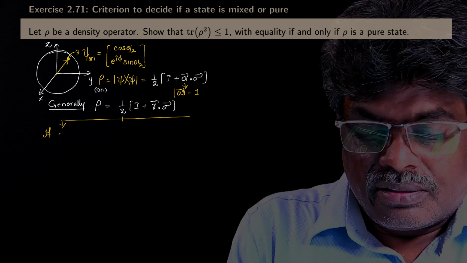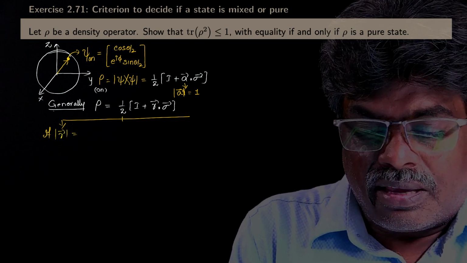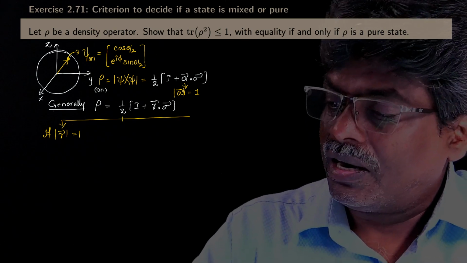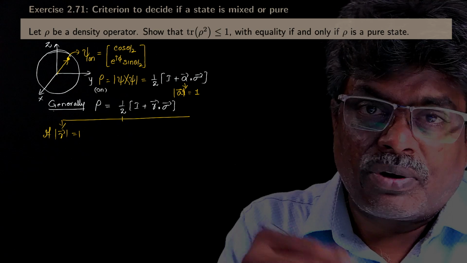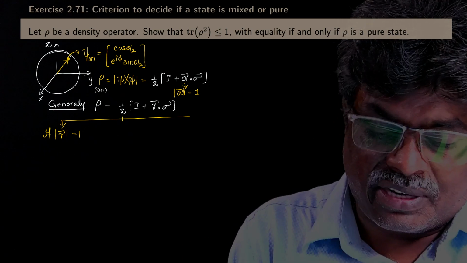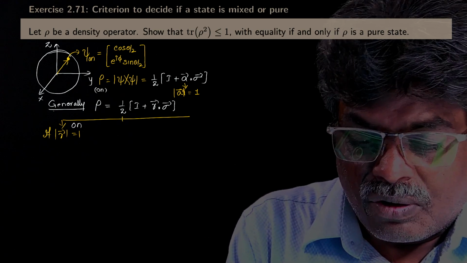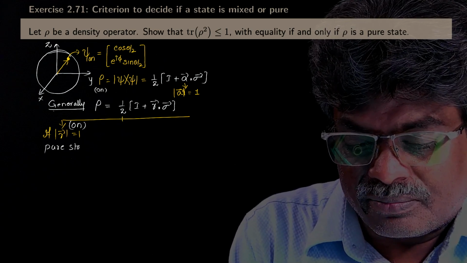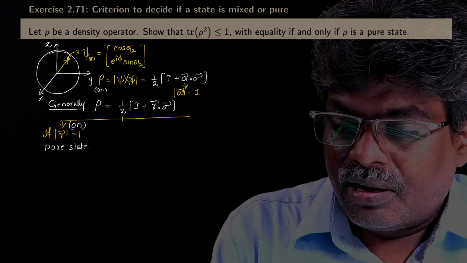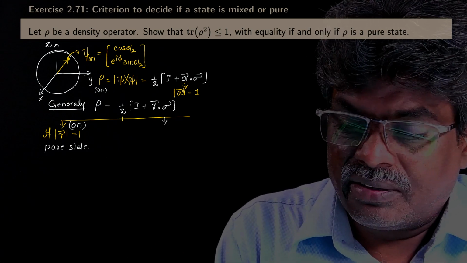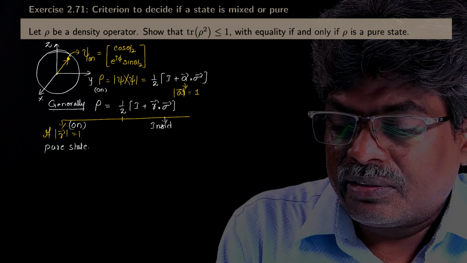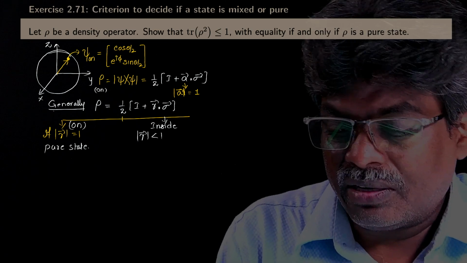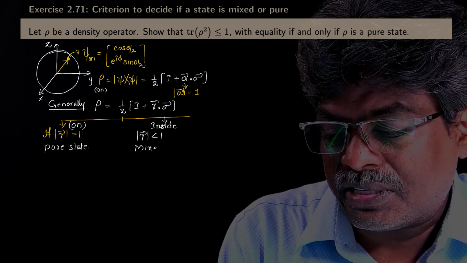If the magnitude of this r bar is exactly equal to 1, then the point lies on the Bloch sphere, and the state corresponding to that point is called a pure state. And if it is somewhere inside, then the magnitude of this r bar should be less than 1, and we call it a mixed state.